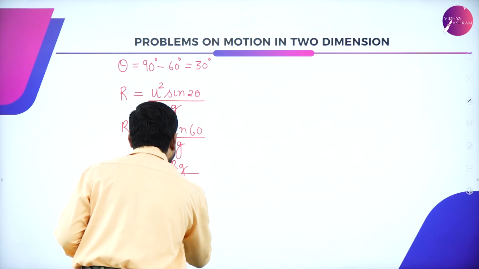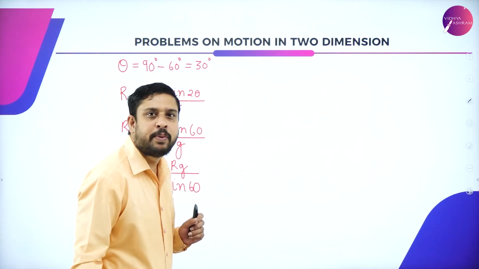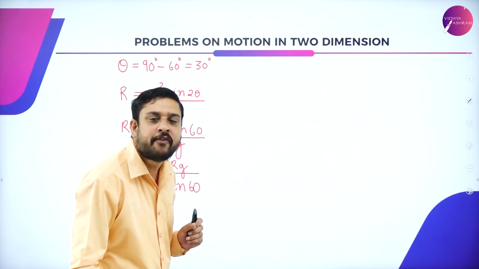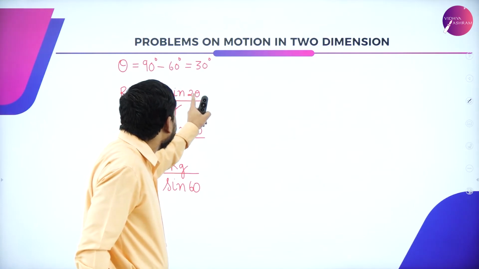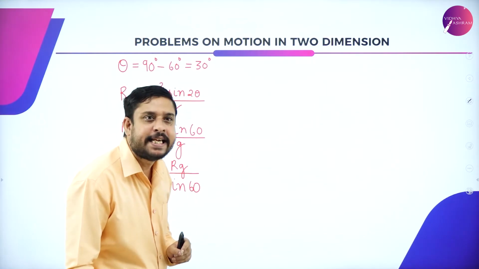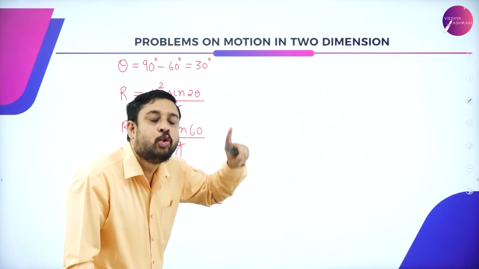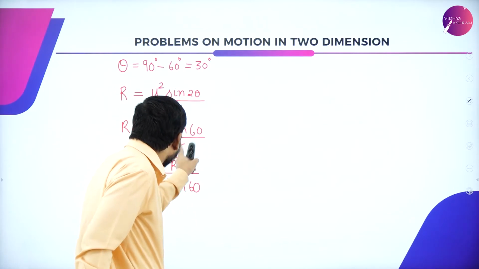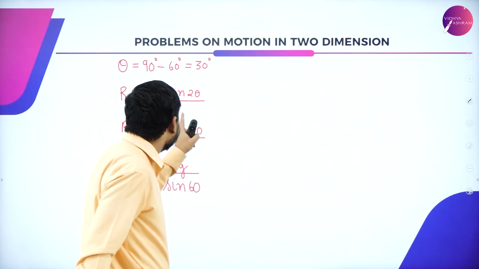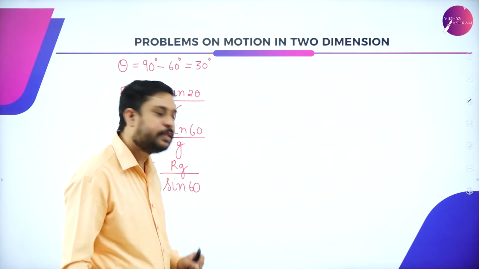Rg divided by sin 60. So I have simply used the expression for range, u square sin 2 theta by g. Theta is 30. So sin 2 theta is sin 60. So u square is R into g divided by sin 60.